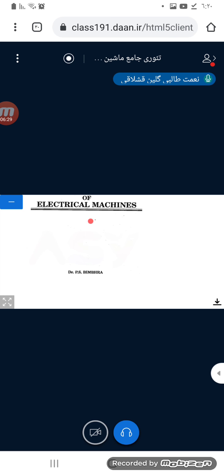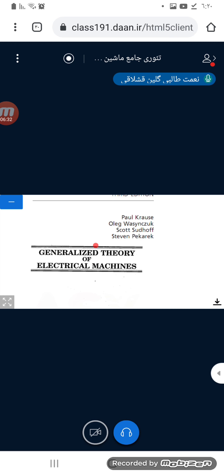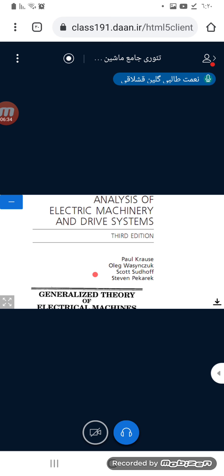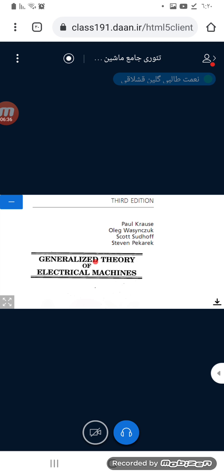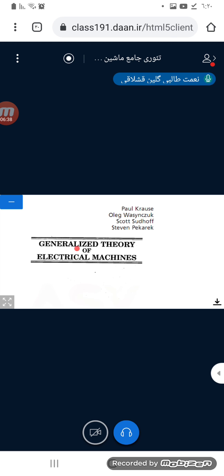So it uses some of the basic fundamentals of the electrical machine, generalized theory of electrical machines, to simulate this in the environment of MATLAB or Simulink. This book is written by Moore, the author of this book. You can find also this book in the library or share.